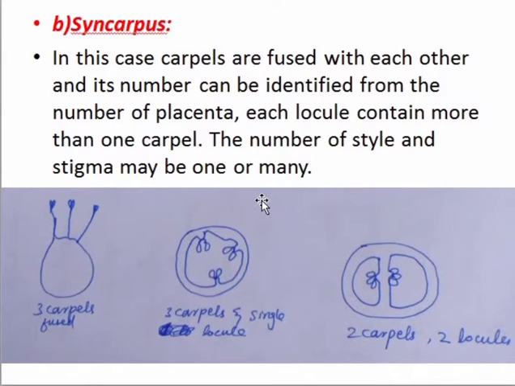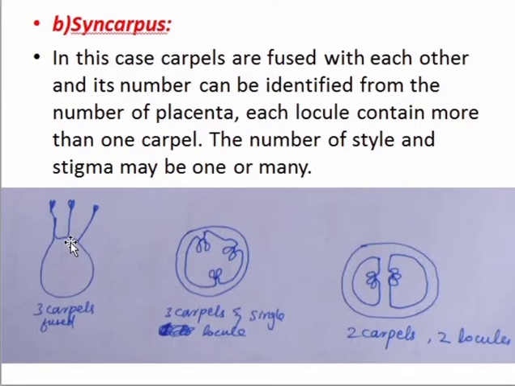In this case, there is a single locule. It means the ovary consists of a single chamber, and the locule contains more than one carpel. But here the carpels are fused, so it appears as a single structure. These are the separate carpels, with ovules in their placenta, and this is the other carpel, but the cavity is a single cavity.